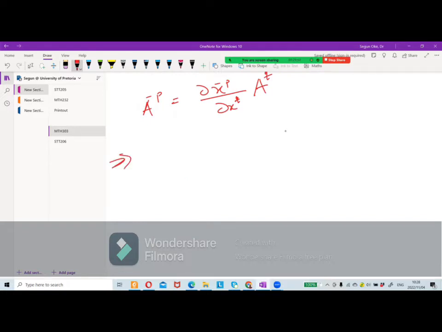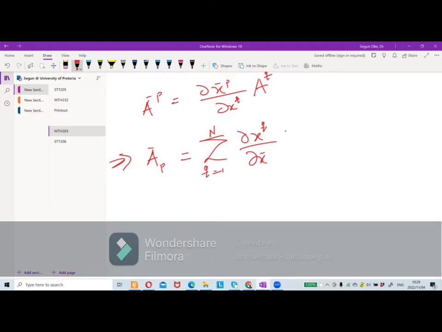For the covariant case, we have a bar subscript p equals the summation of q equals 1 to n of the partial derivative of xq over the partial derivative of x bar p, times a subscript q. You look at the difference.